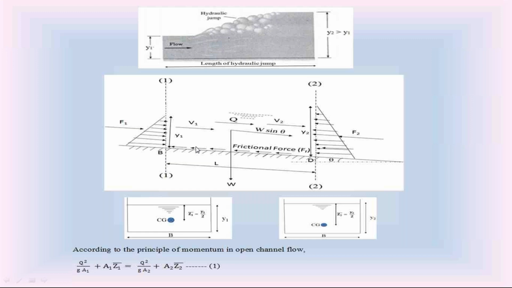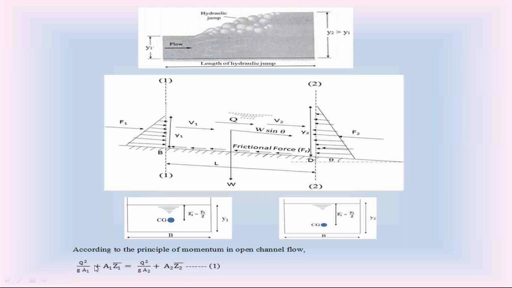That is important because it is a rectangle. At section 1, the wetted area A1 is equal to B into y1, and Z1 bar is equal to y1 by 2. Whereas at section 2, A2 is equal to B into y2, and Z2 bar is equal to y2 by 2.